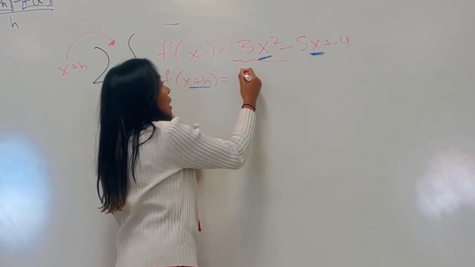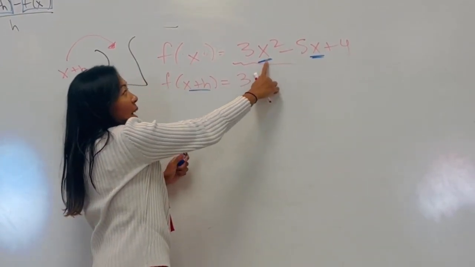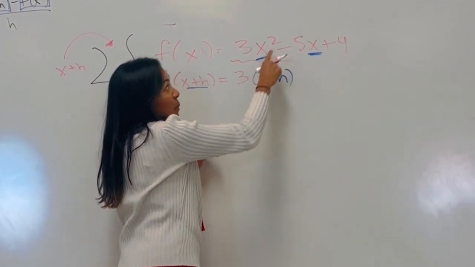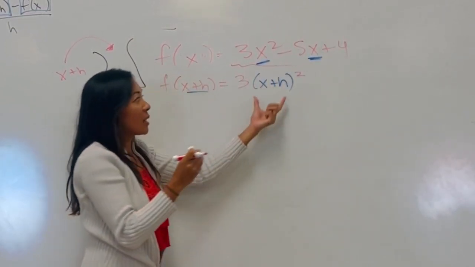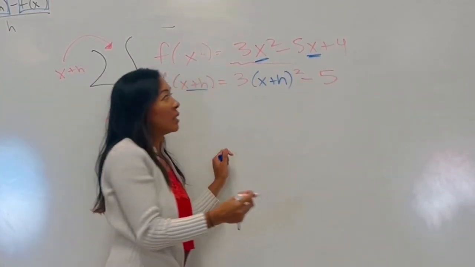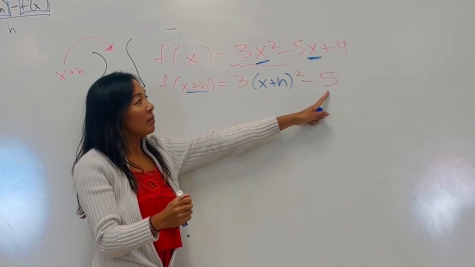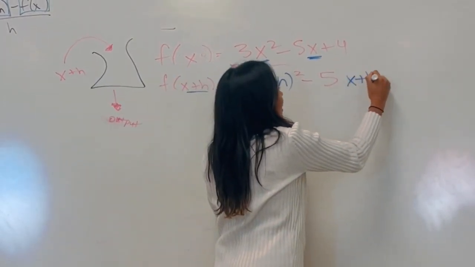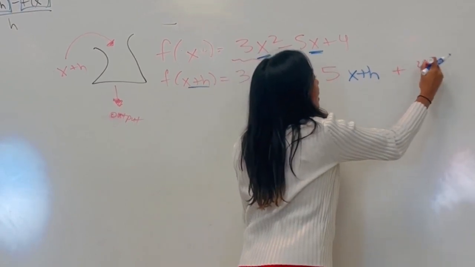So here I get 3. Instead of x, I'm going to put x plus h, and then I'm going to square it, right? Because it's the input being squared, minus 5, and then what? x plus h. Great, x plus h, and then plus 4.